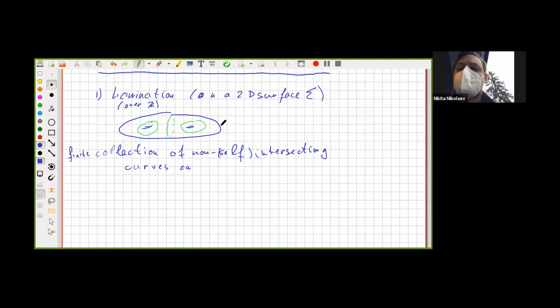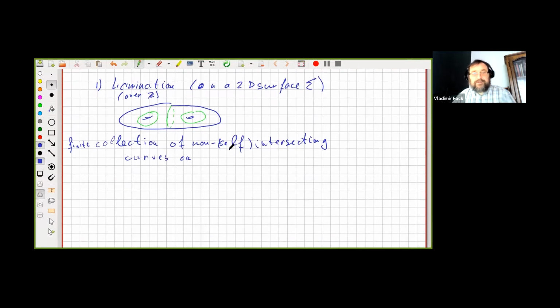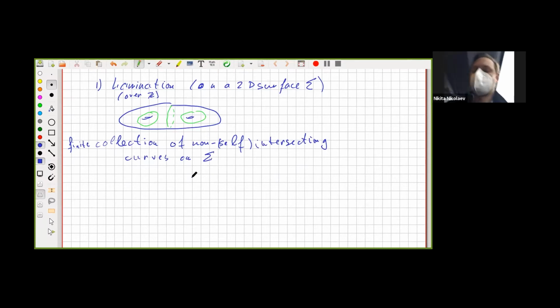No, nothing. For example, the empty lamination is also a lamination. You have no curves at all. It's the distinguished lamination, which is 0 in this space, on sigma. So this is, well, an integral lamination, so to say.